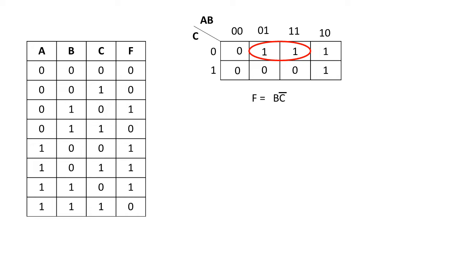That is why I have taken these 2 ones. So the function has been created: B and C naught. B because 1 is common, and C because C 0 is also common, but while taking 0, we have to assign the complement, naught. So B and C naught.